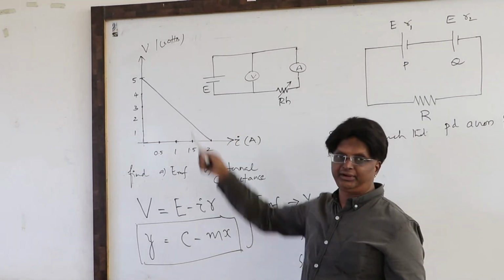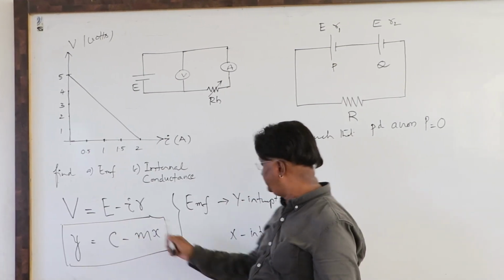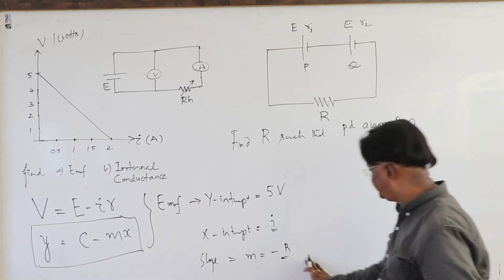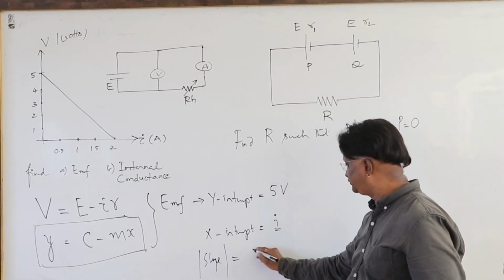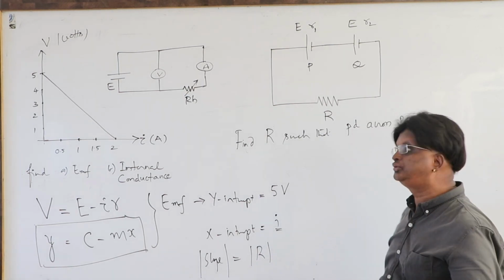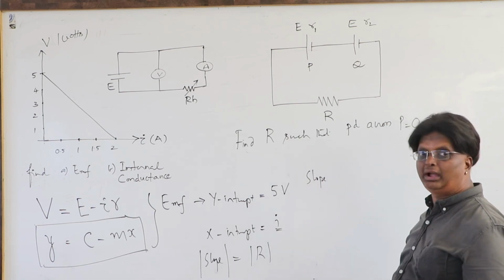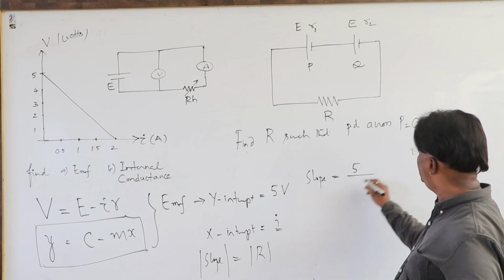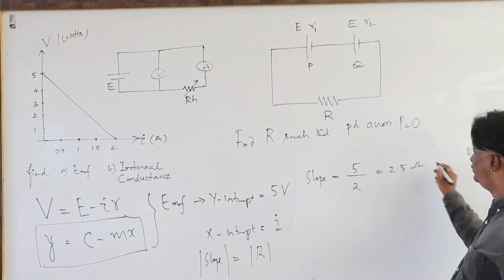You can see this is a straight line in the first quadrant with negative slope, and that is why you have this minus one here. So slope is equal to resistance. If I take the magnitude of slope, then it gives you the magnitude of resistance. How to calculate the slope? The slope is equal to dy by dx. So slope value is 5 by 2. So this is 2.5 ohm.